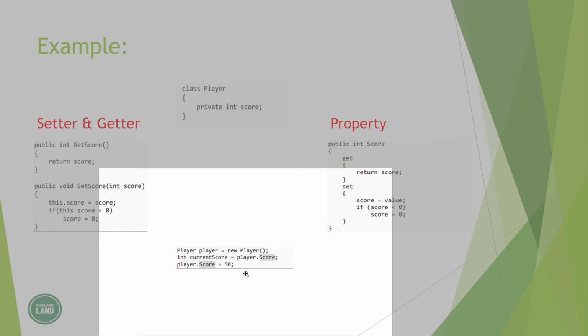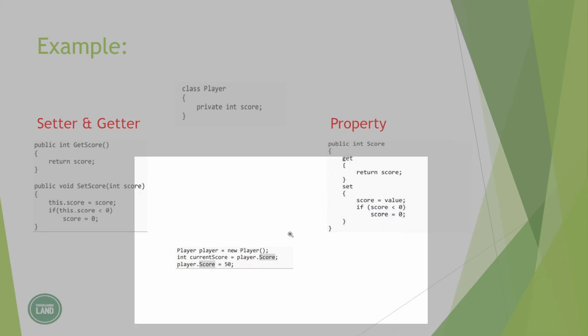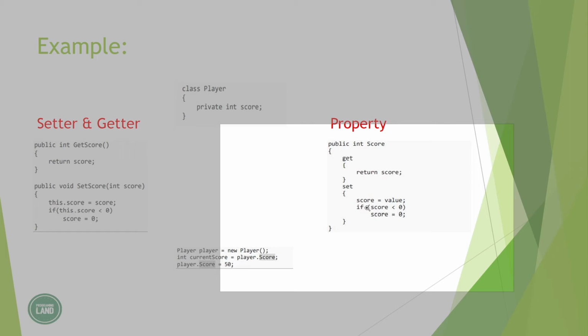Here I am going to assign 50 to score, and when I write this line, it goes right here. This value, which is 50, is going to be analyzed and checked, and if it is higher than 0, it will be assigned to score.